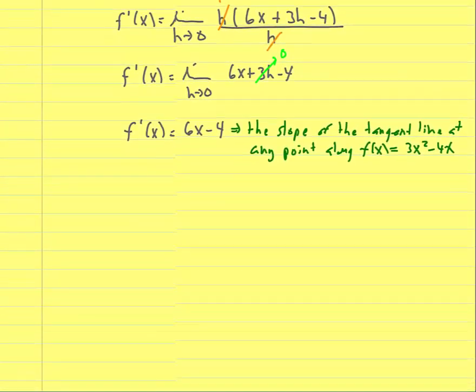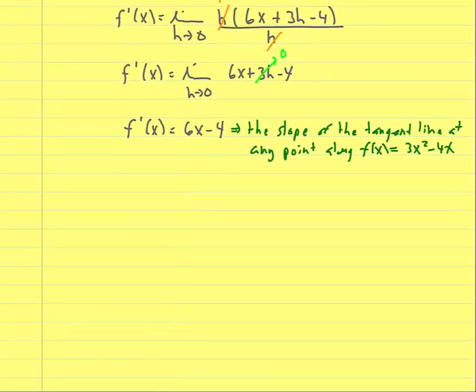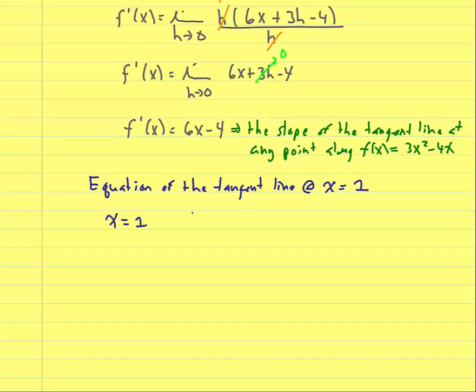Now remember, we wanted the equation of the tangent line. And I think we said at x equal 1. Okay, so if x equals 1, let's rewrite our original function again: 3x squared minus 4x.